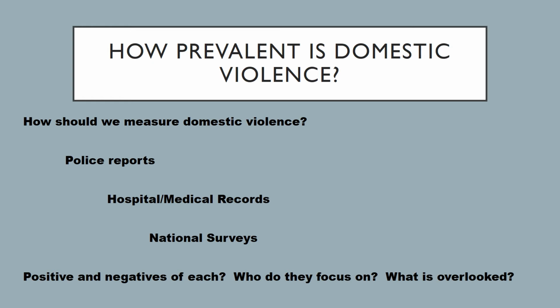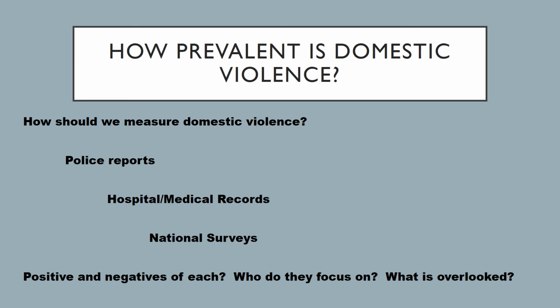So on this slide, we ask the question, how should we measure domestic violence? Historically, especially since the 1970s, and in our next lecture, we'll talk about why the early 1970s is such an important time in the birth, or what we're going to refer to as the revolution of understanding and starting to analyze domestic violence. So since the 1970s up until now, how have we measured domestic violence?